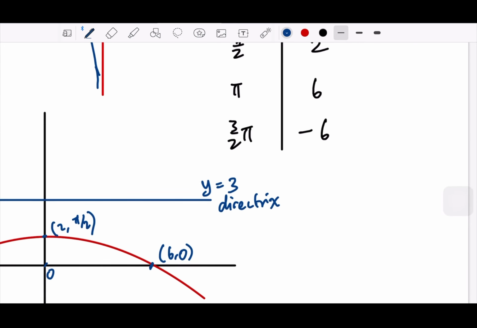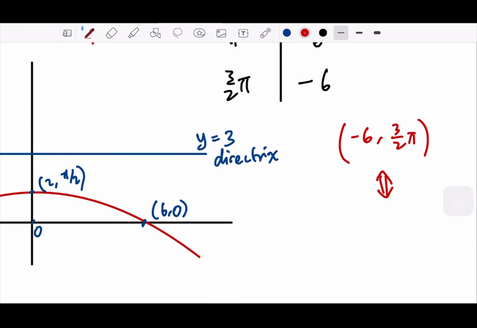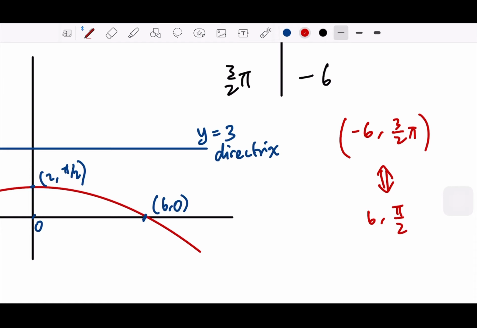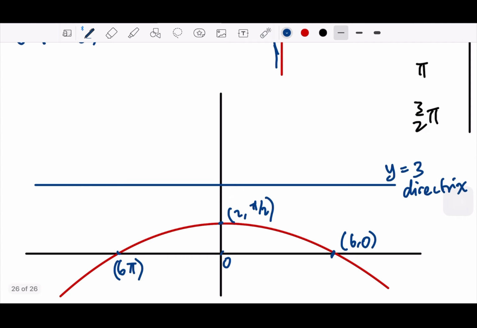And remember that if we have negative 6 at 3 over 2 pi, this equals 6 at pi over 2, right? The difference is pi, right? Okay, so we can write here that this is 6 and pi over 2.